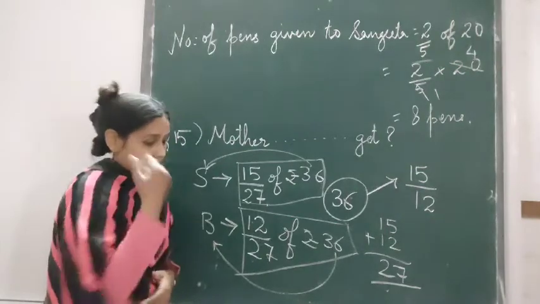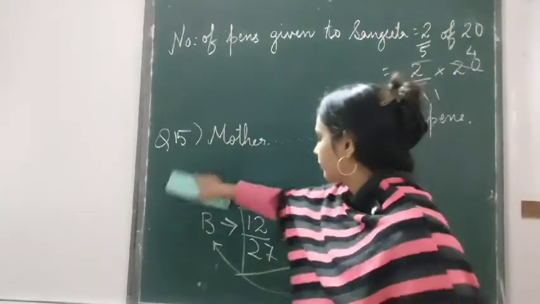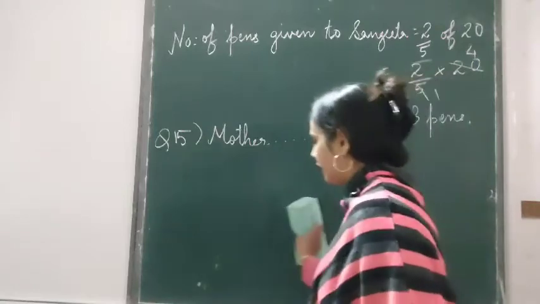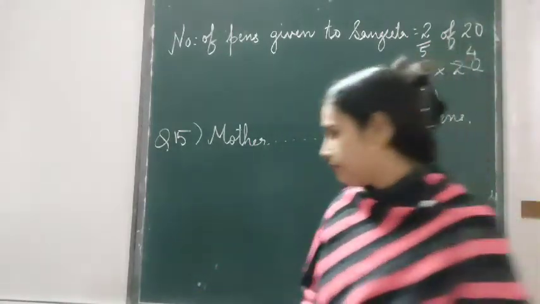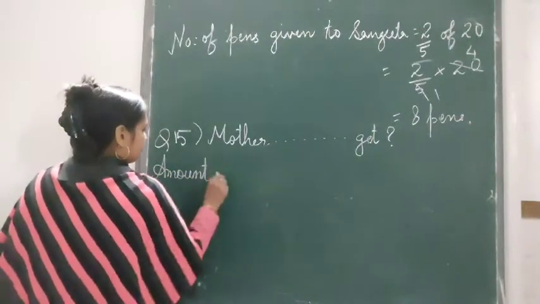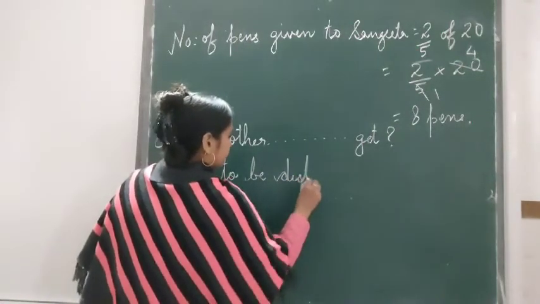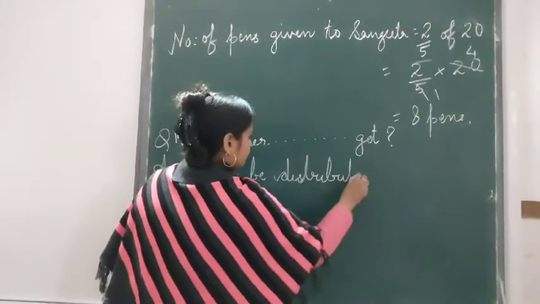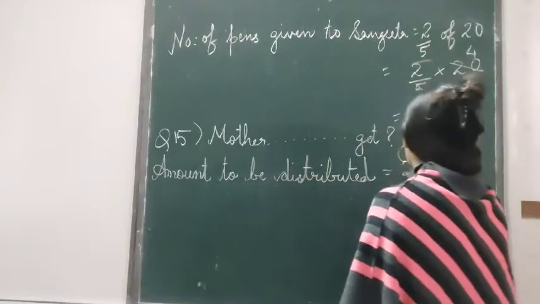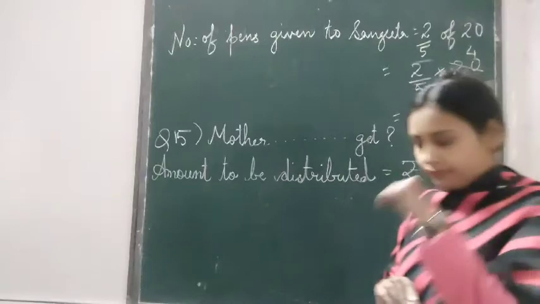Okay, so let's start. First thing, we'll write whatever is given. So what is given? The amount to be distributed: rupees 36.